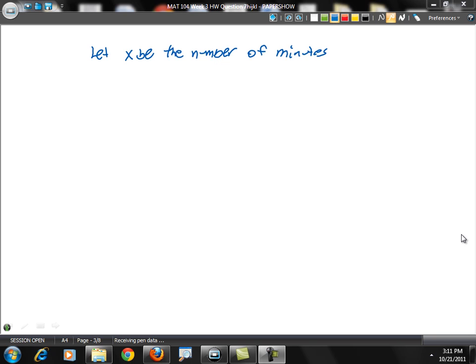The third minute, 2 cubed. So then in the xth minute, it's hard to say, there is 2 to the x gallons.